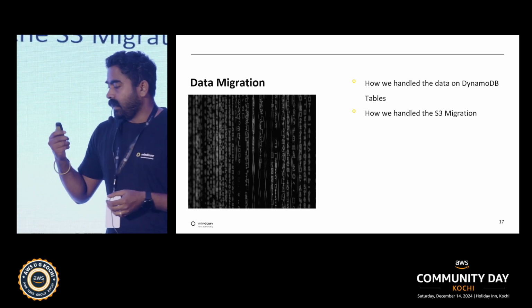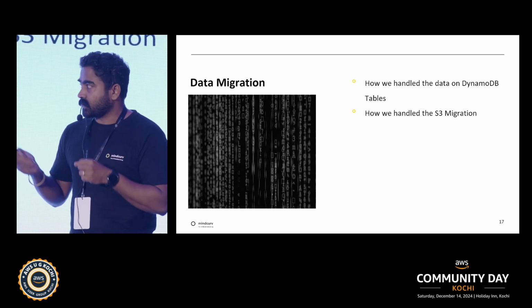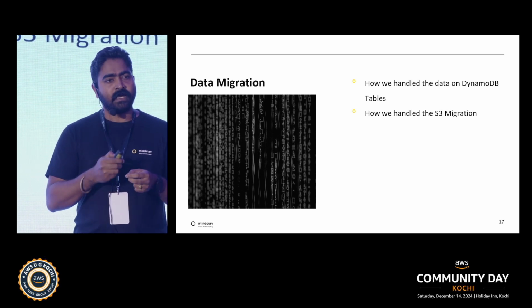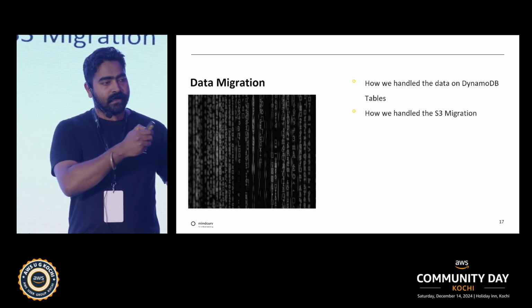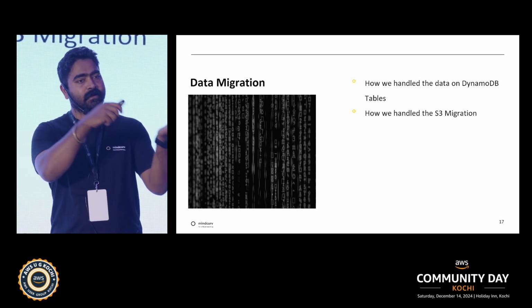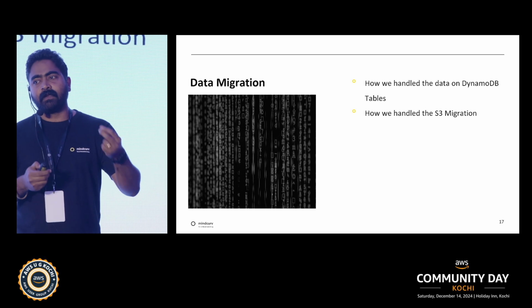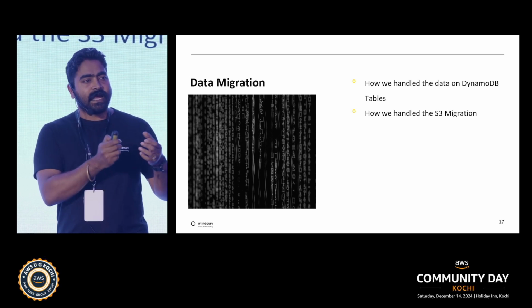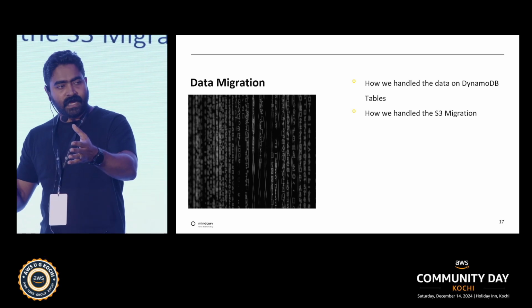When it came to the migration part, how we approached the S3 buckets, we did two things. One, we improved the pipeline. The customer is executing a pipeline to fetch the information from their local and feed that to the AWS S3 buckets. We made some changes to the pipeline so that whenever they execute, the data will be deployed to both the regions at the same time.